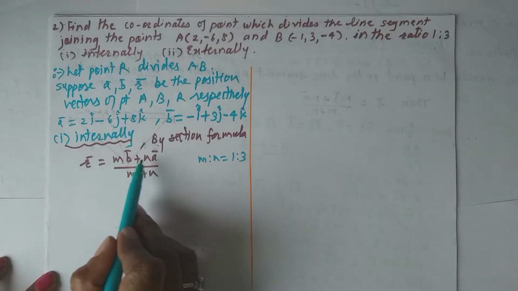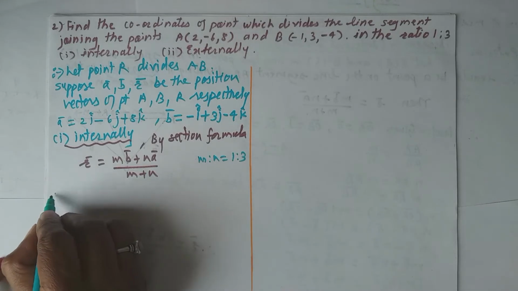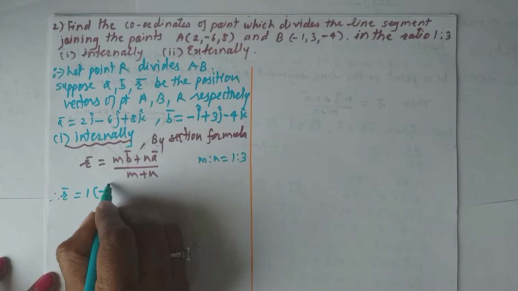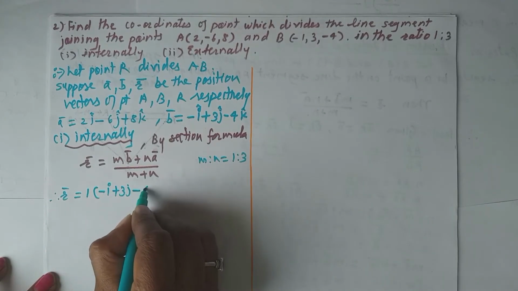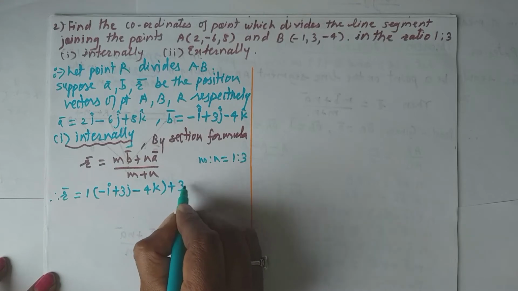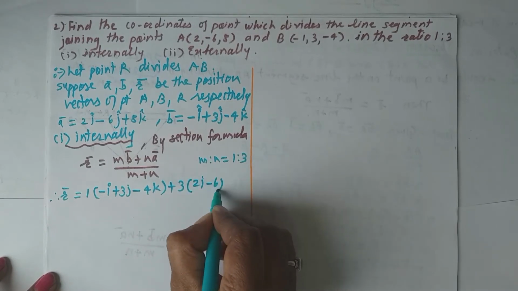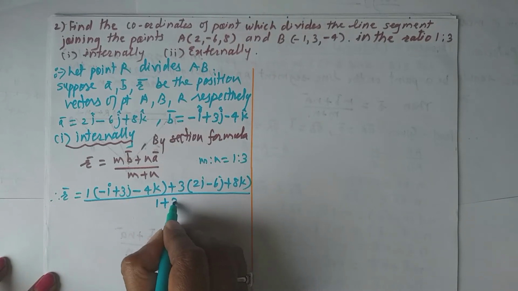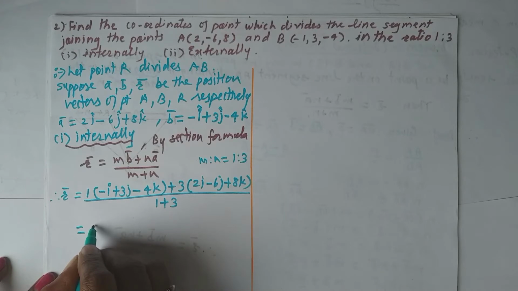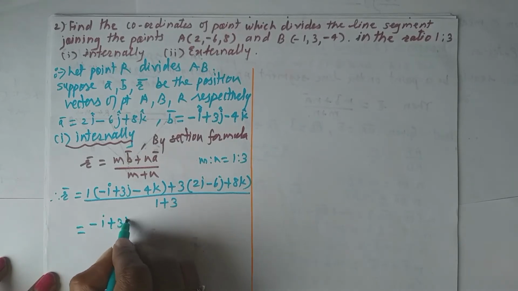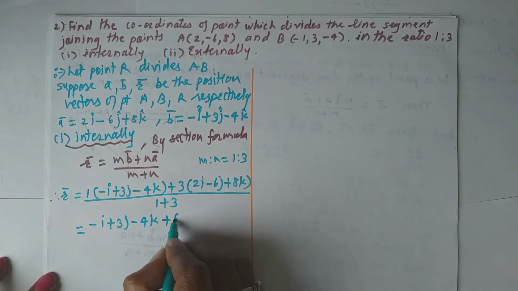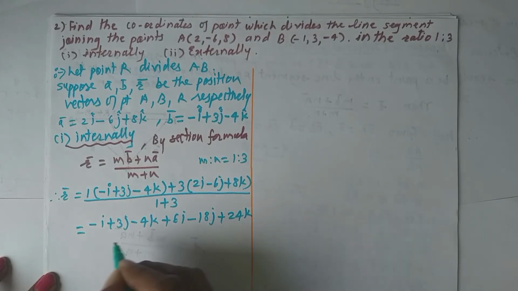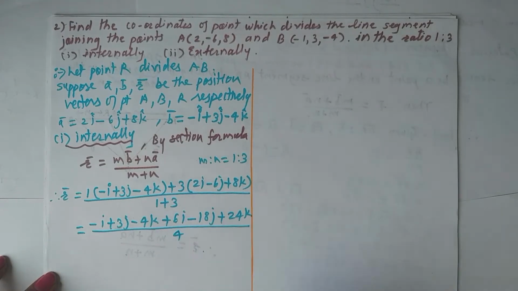Then keep the values of A bar, B bar, m and n in this equation. Therefore, I will get R bar is equal to m is 1, B bar (minus i plus 3j minus 4k), plus n is 3, A bar (2i minus 6j plus 8k), divided by m plus n, that is 1 plus 3. Now open the bracket: minus i plus 3j minus 4k plus 6i minus 18j plus 24k divided by 1 plus 3, meaning 4.